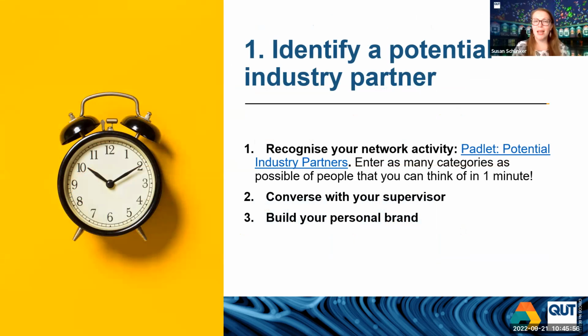I would recommend that you take that link away with you and give it some thought as to who is in your existing network, who your contacts are, and enter as many categories of people as you can think of. Feel free to do that now in a minute, but if you would also like to give it some future thought, you're welcome to do that outside of the workshop.